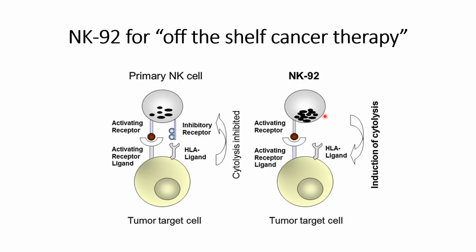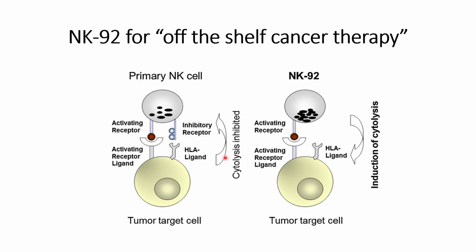And once this interaction occurs, it will release the lytic granules at the site of interaction, and those lytic granules could be granzyme or perforin, so that will trigger apoptosis in the tumor target cells.